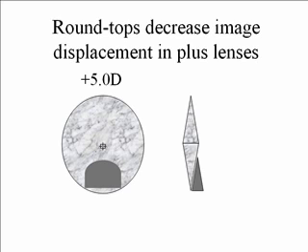The round top add is a prism oriented base down. You'll recall that from a previous slide. And the patient's own spectacles, since he's hyperopic, the lower half of the spectacles are prism oriented base up. So the add that we're putting onto this is a prism of opposite orientation to the patient's own distance spectacles.